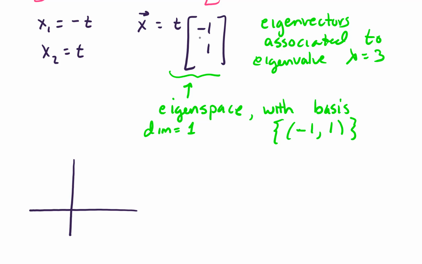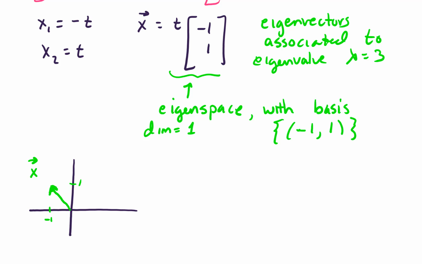So supposedly our eigenvectors associated to lambda equals 3 lie on this path that looks like over -1, up 1. Okay, so there's an eigenvector, and there's many of them that lie on that same line through the origin.